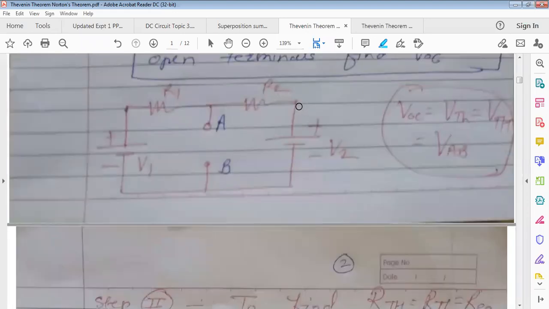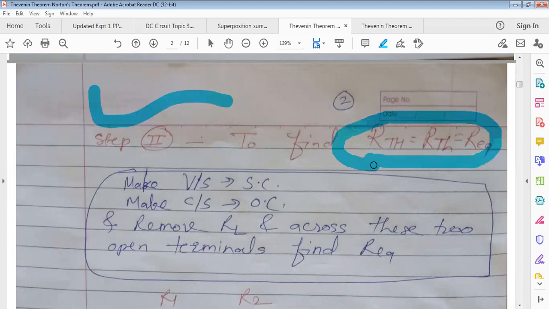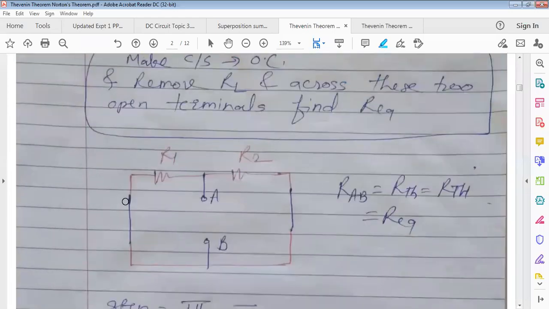What is the second step? To find RTH, the R equivalent, Thevenin's equivalent resistance. So how to find it? According to this theorem, if voltage sources are there, make them short. If current sources are there in the circuit, make them open, and remove the load resistance. So see, both were voltage sources, shorted according to this theorem.